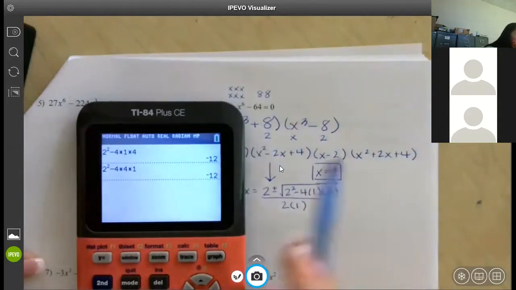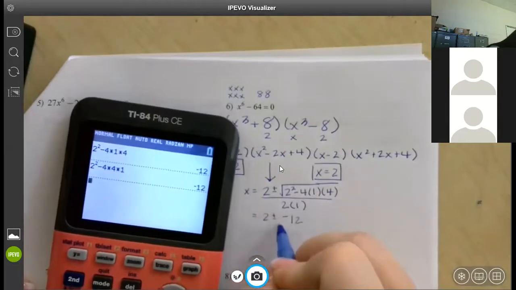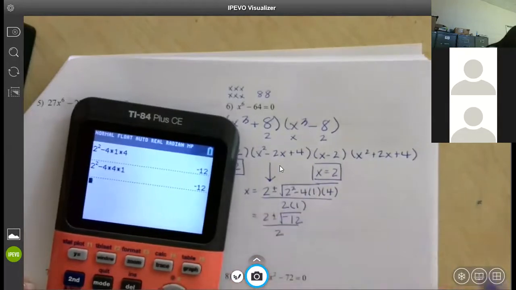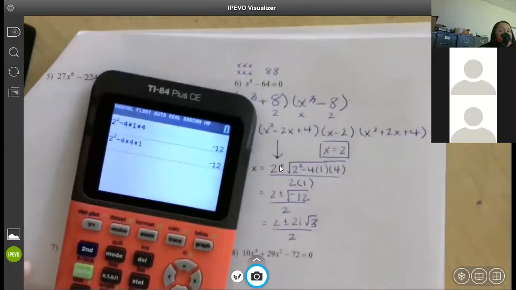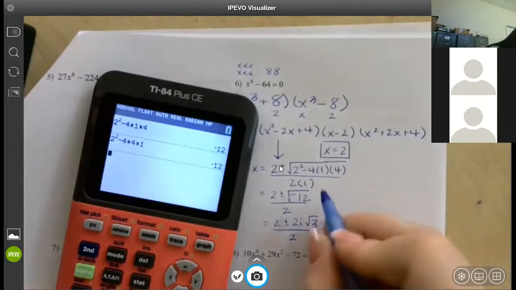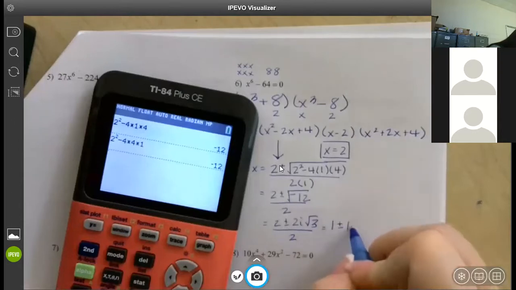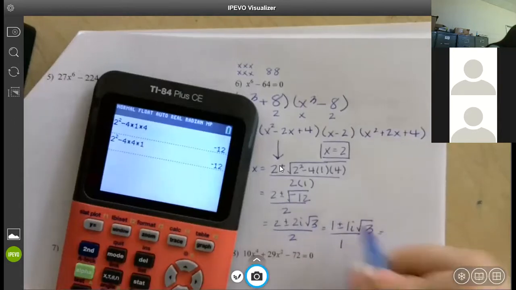It's the same thing. Remember that -12 was 2i square root 3 over 2. And again, we've already done all this work. If you see that on another page, just write down the answer. You don't have to keep doing the work over and over again. Reduces to 1 plus or minus 1i square root of 3 over 1, but we don't need these two ones.